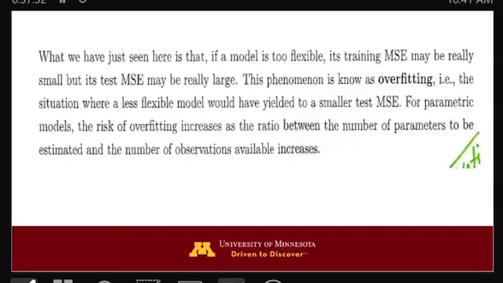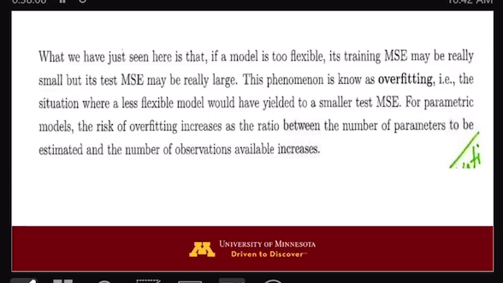Now just like what I said, if you're dealing with a prediction problem, the test error is mean square error. We use mean square error. If it is a classification problem, it's going to be a misclassification error. So if a model is too flexible, the training mean square error will be small, but the test MSE will be huge.